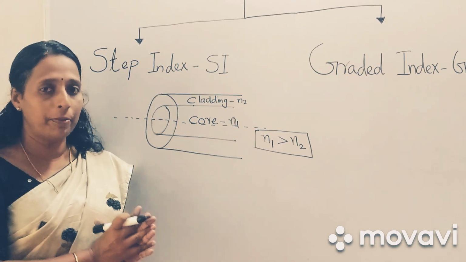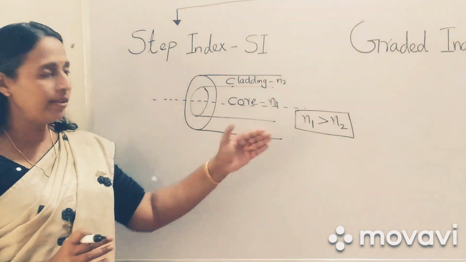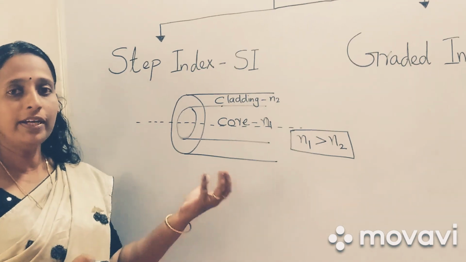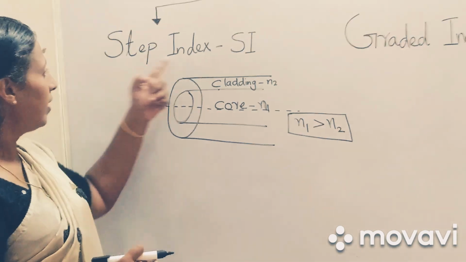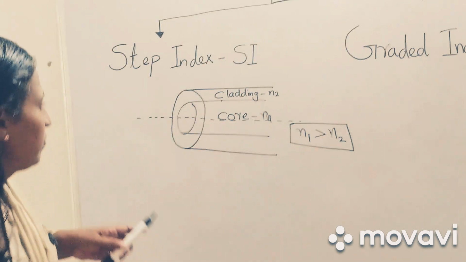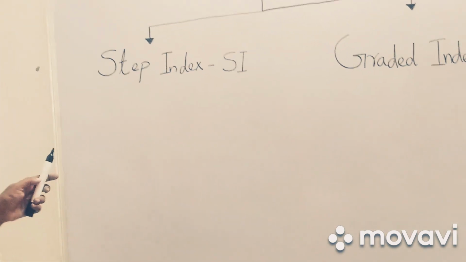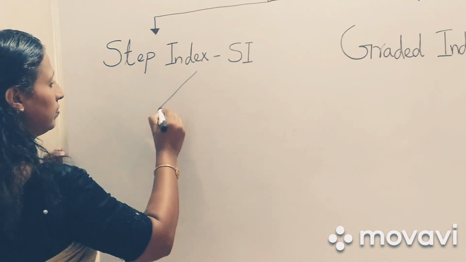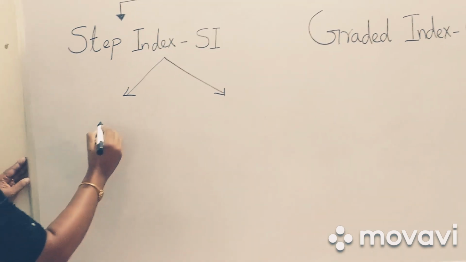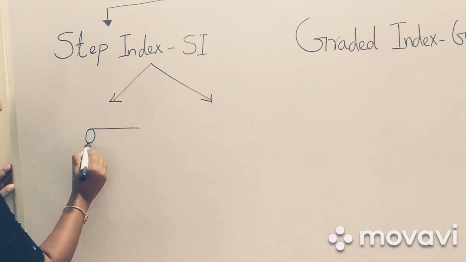For some practical purposes, we are using very small sized core, and for other practical purposes, we are using large sized core. Depending upon this, again, we can classify step index fibers into two. For one category, the core is very small.